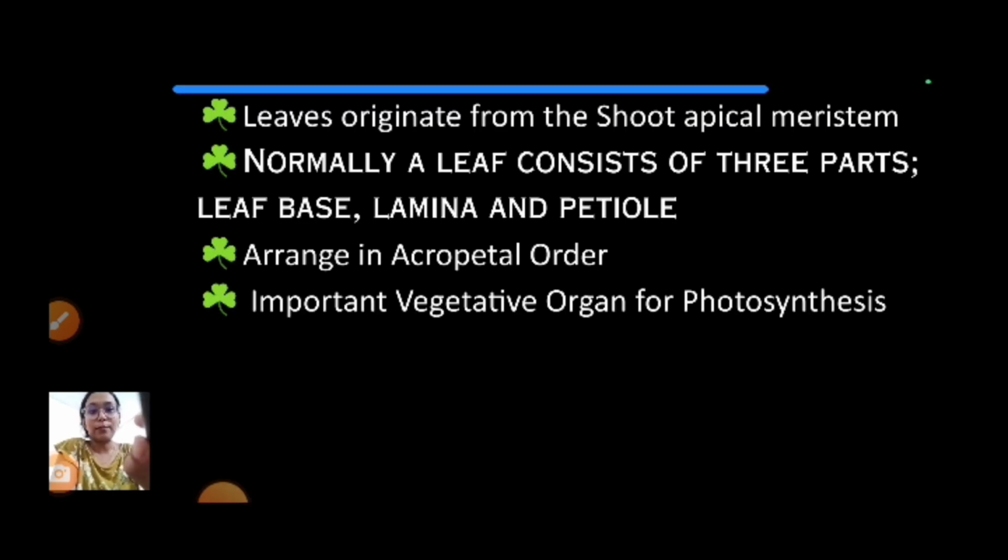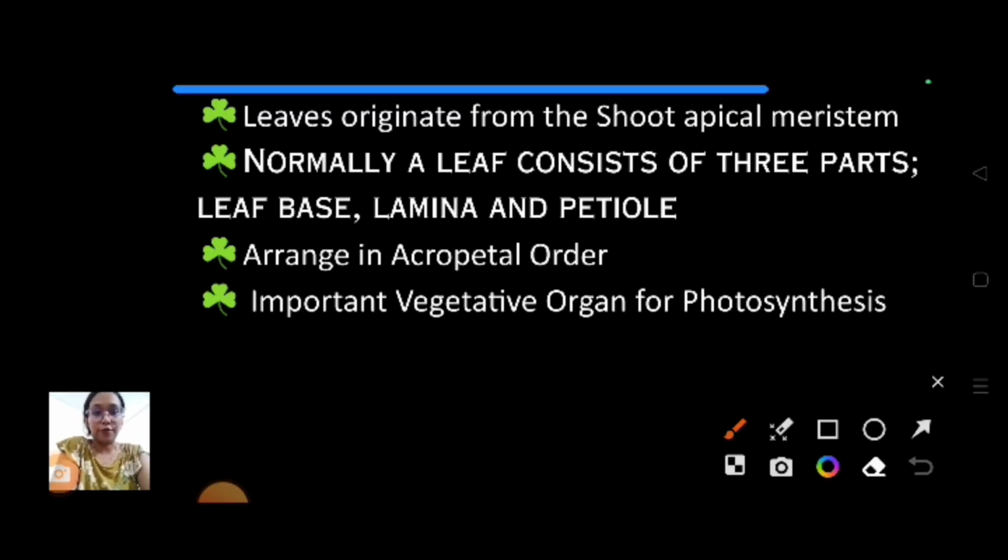So let's see some characteristic features of a leaf. The first point it is saying is that the leaf originates from the shoot apical meristem. In the previous video on the stem, you can go and check it out, we have already discussed the shoot apical meristem.